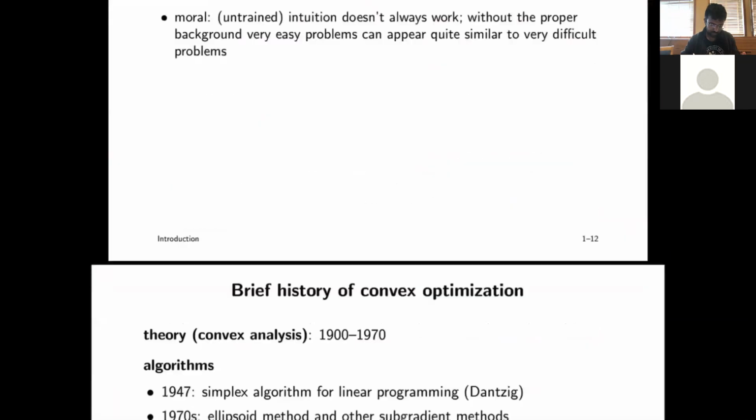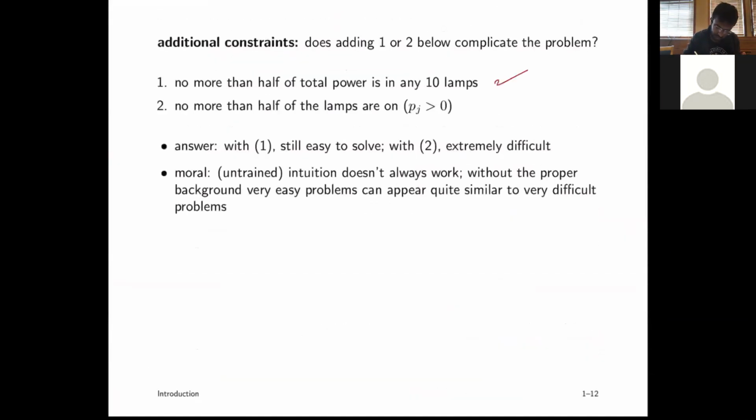That's the idea. There are many ways you can add more constraints. Something like you are saying that no more than half of the lamps. You are saying, okay, do this problem, but now I have an additional constraint: half of the lamps should be off or something like that. So like that, you can add more constraints and make the problem complicated. Sometimes this constraint does not affect, but sometimes, for example, this kind of constraint will make your life very hard.